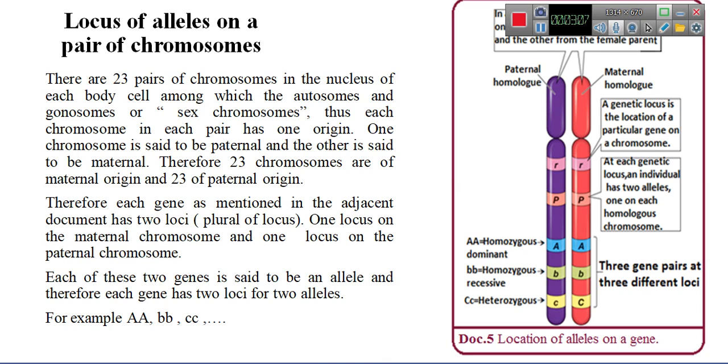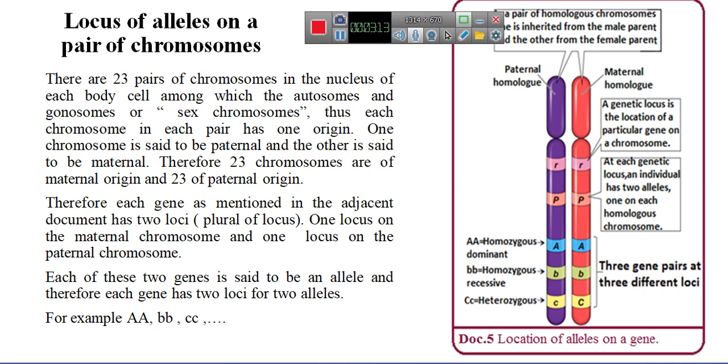One chromosome is said to be maternal, and the other paternal. And therefore, of the 46 chromosomes, 23 come from our mom and 23 come from our dad.